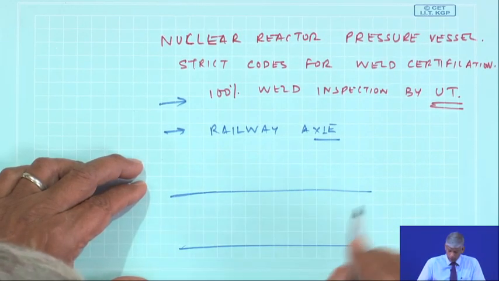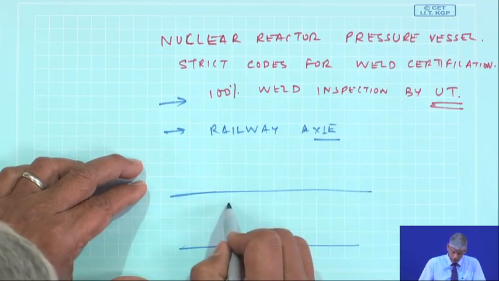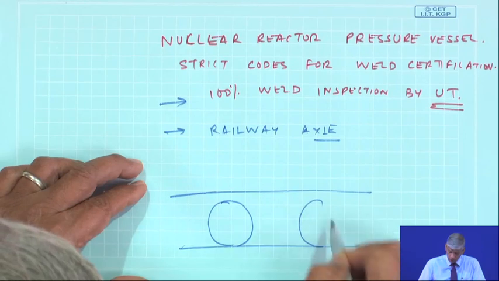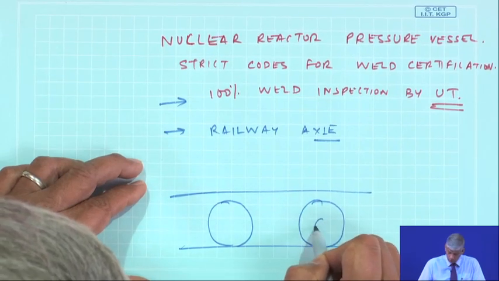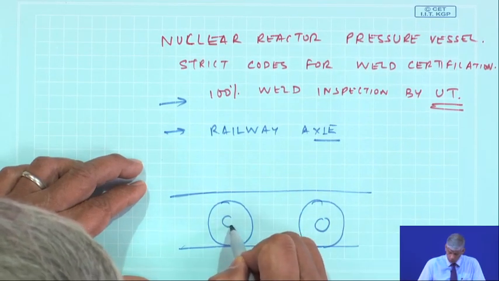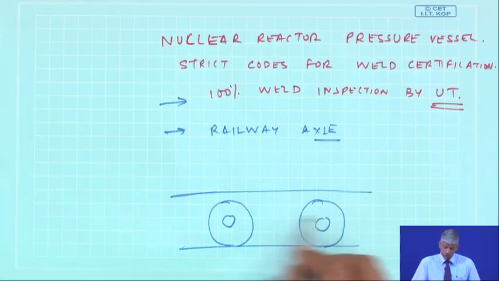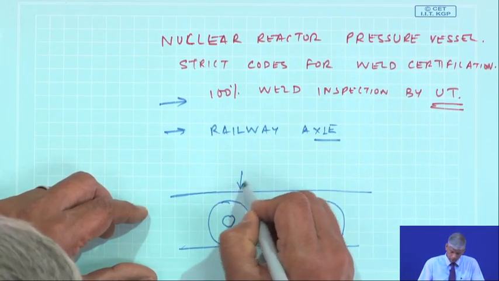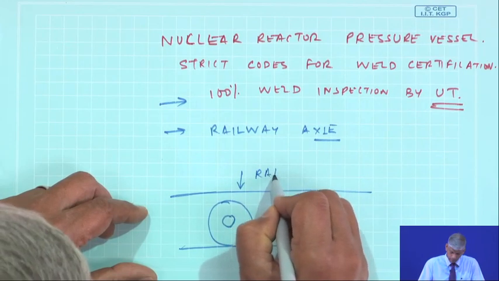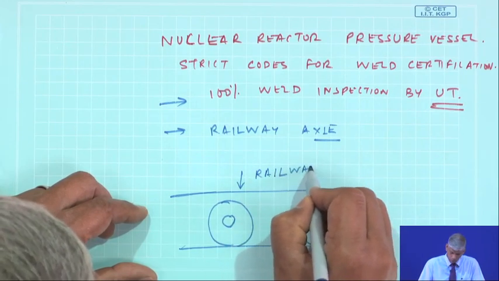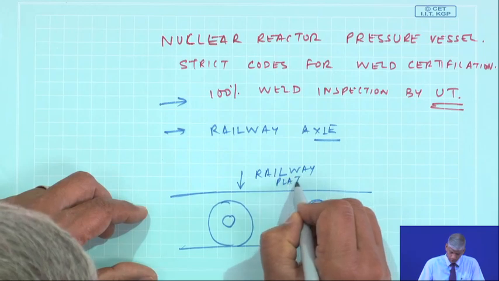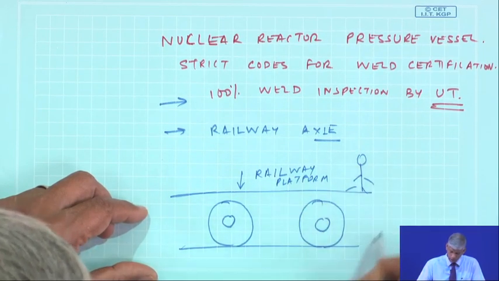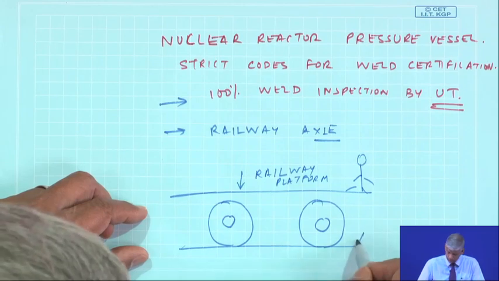Suppose you have a platform and your railway wagon just comes into the platform. So, you can have a person standing here and this is the track.